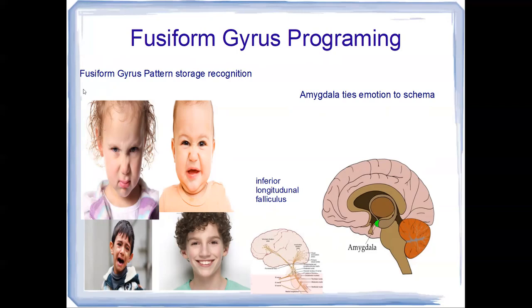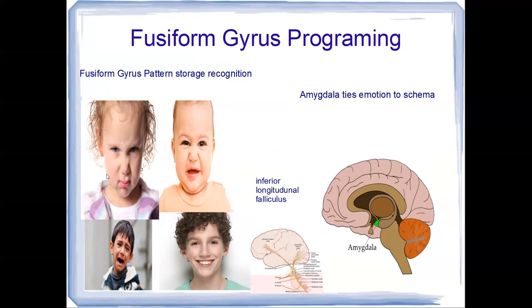And once they've built these basic patterns and schemas in there, an emotion can now be tied via the amygdala and that white matter tract we talked about to those newly formed patterns and schemas that are stored in the fusiform gyrus.